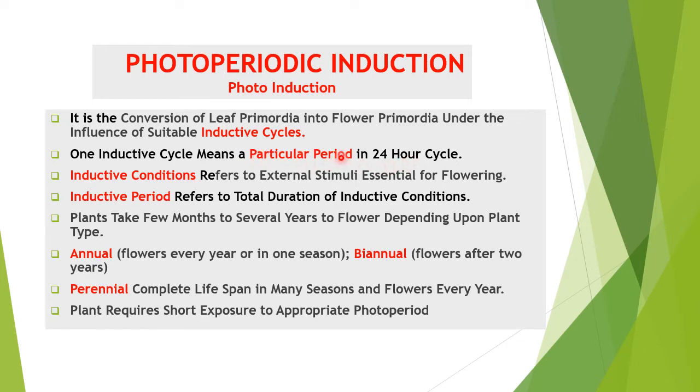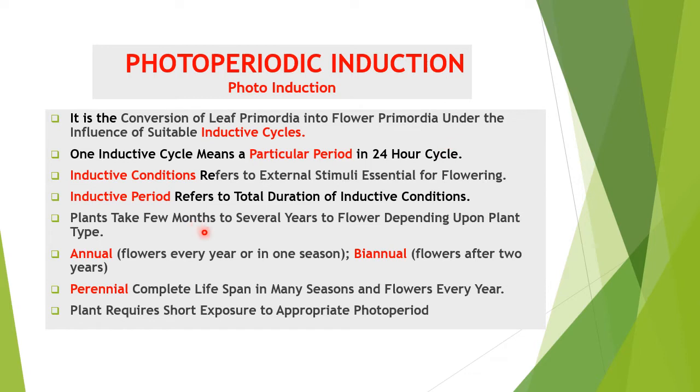Inductive conditions refer to the external stimuli essential for flowering. Inductive period refers to the total duration of the inductive conditions. That means there is a necessity for inductive cycles in 24 hours.